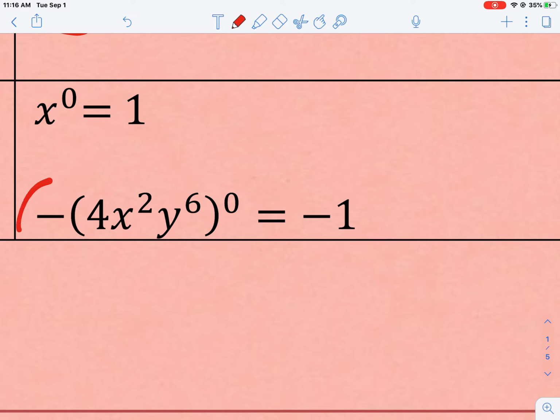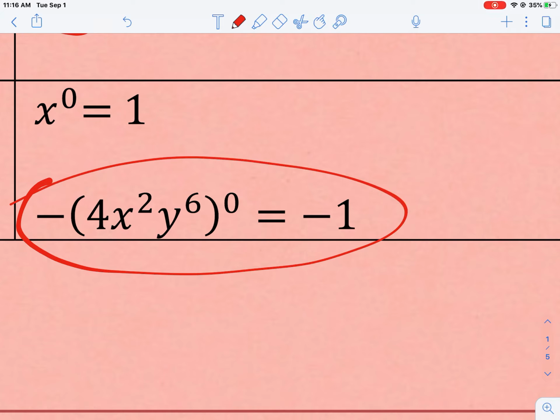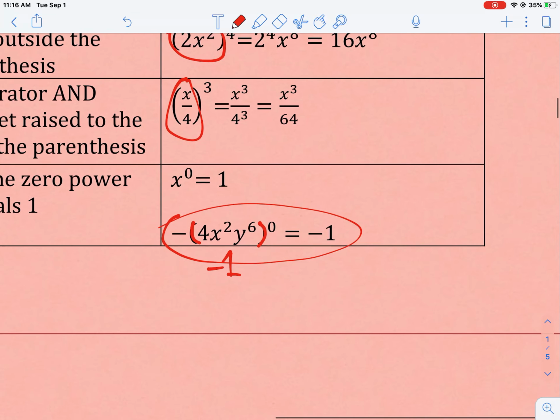But in this problem right here that I'm going to circle, the negative sign does not apply to the 0. The negative is outside of the parentheses. Everything in the parentheses is raised to the 0 power, then we have a negative outside. So this becomes 1, and then it becomes negative 1.